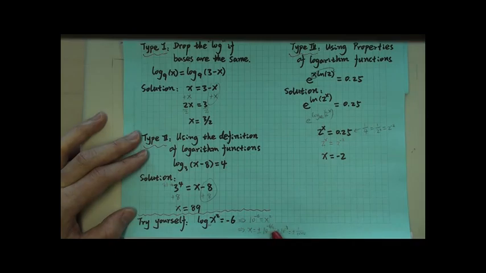And then 6 divided by 2 is 3, negative here, negative here. And we know 10 to the negative 3, that's basically positive negative 1 over 10 cubed.